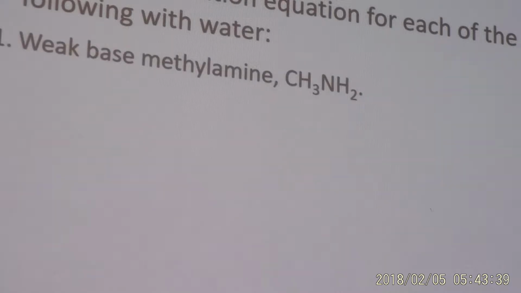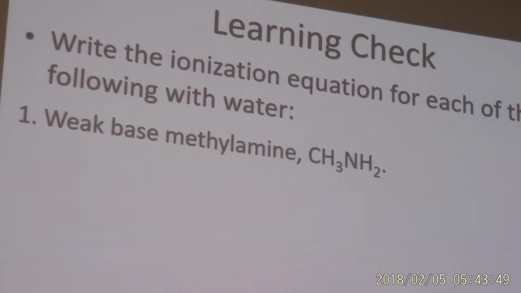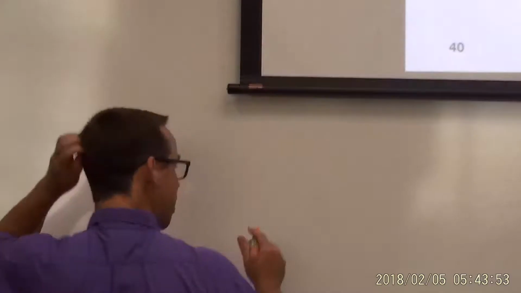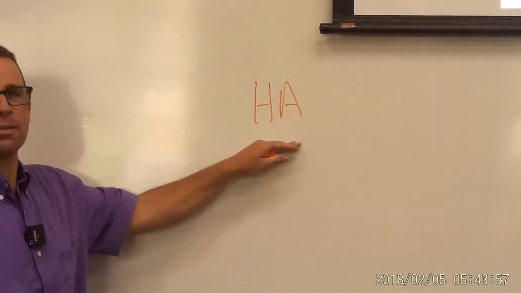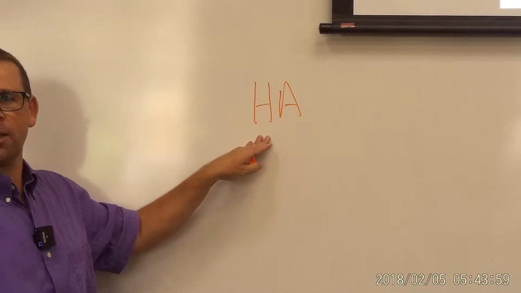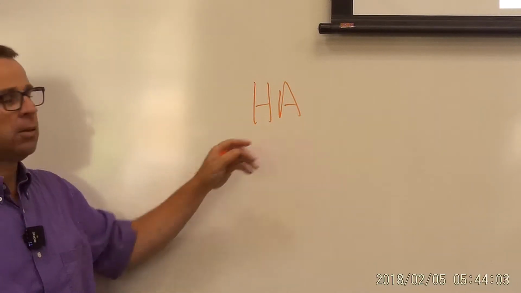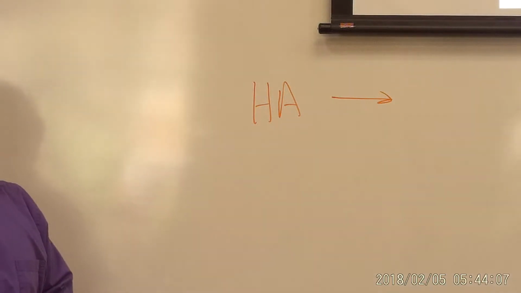All right. Now, we want to remember how our acids and bases dissociate when they're placed in water. Let me remind you again of the general dissociation of an acid. If an acid looks like this, has a proton that it's going to give away, and just something else, what are the products of its dissociation?